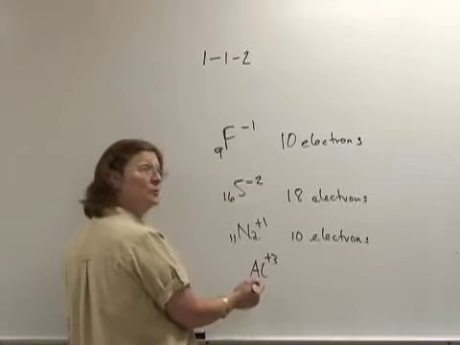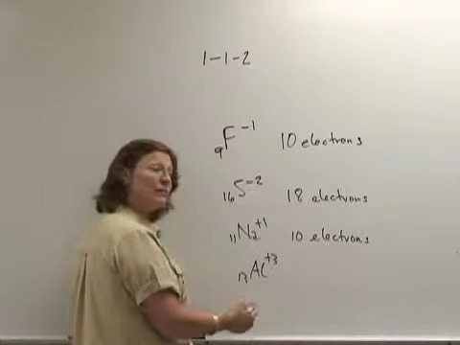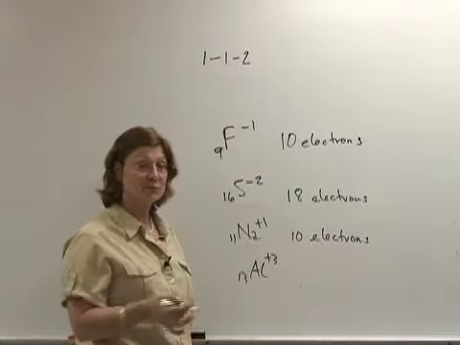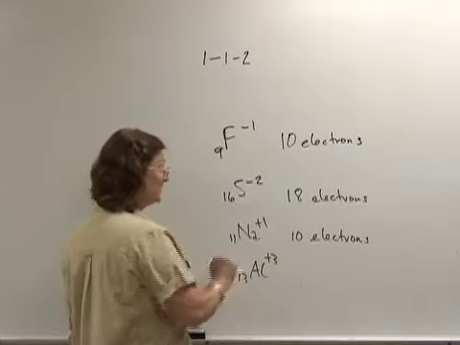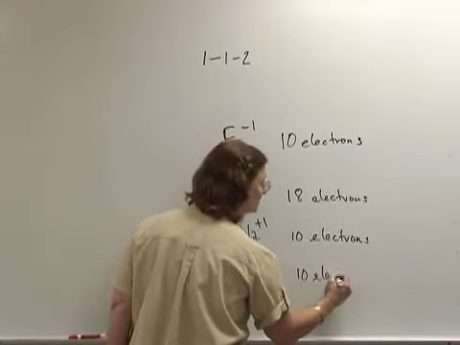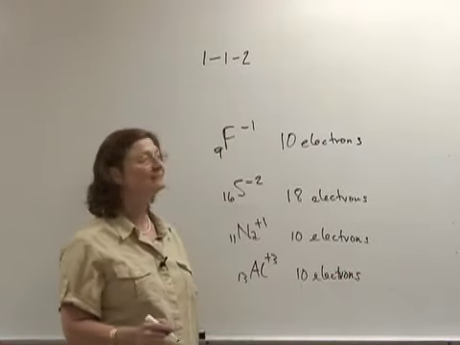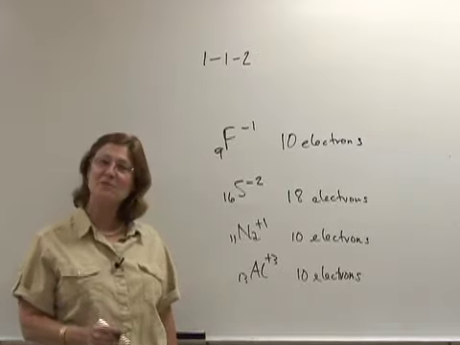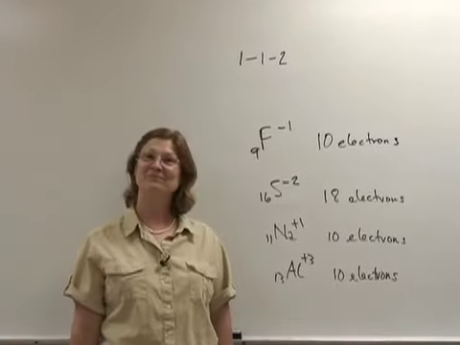And aluminum's atomic number is 13. And therefore it has 13 protons and 13 electrons in the neutral atom. Well, when it loses these 3 electrons, we are left with 10 electrons. And that's how you determine the number of electrons that various ions will have.